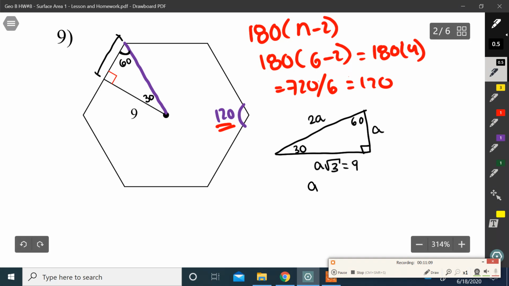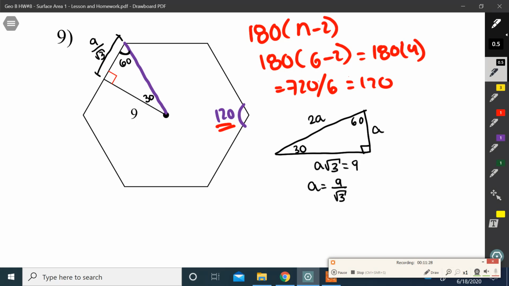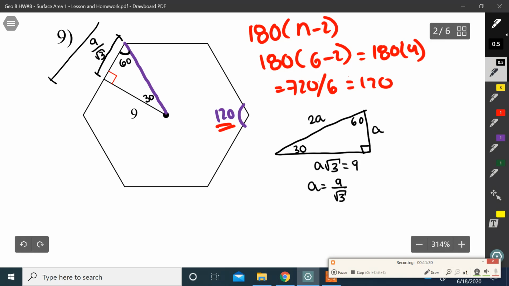That means that A is equal to 9 over the square root of 3. You guys see what I did there? I just divided by the square root of 3 there. So this portion right here is 9 square root of 3. Multiply that by 2, and you get that this whole thing is 18 square root of 3.